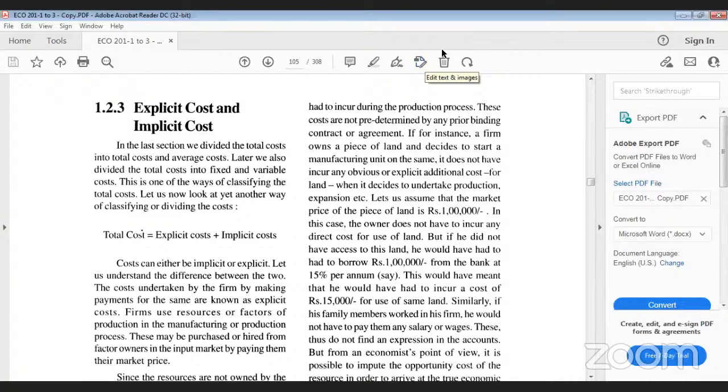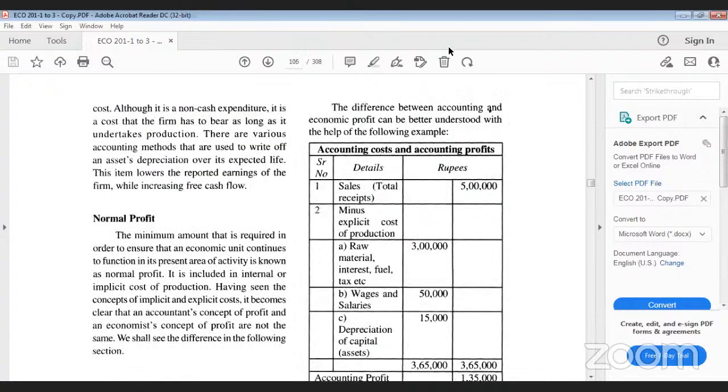Similarly, if his family members work in his farm, he will not have to pay them any salary or wages, and this does not find expression in the accounts. But from an economics point of view, it is possible to impute the opportunity cost of the resources in order to arrive at the true economic cost, although it is a non-cash expenditure.